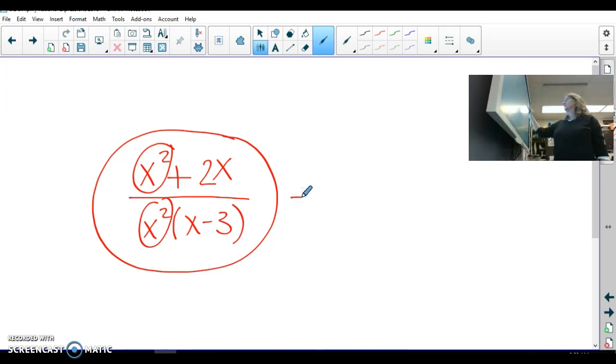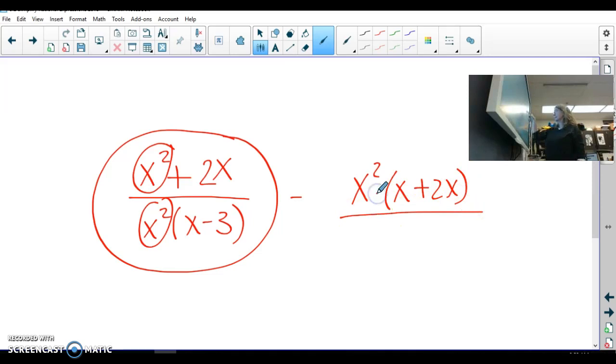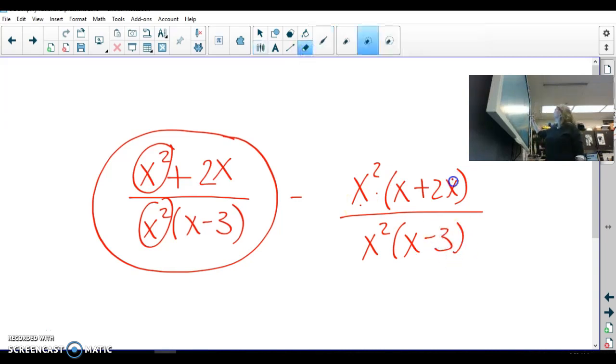So if instead I had something like x squared times x plus 2x in the numerator, and in the denominator I had x squared times x minus 3, now it's a factor.